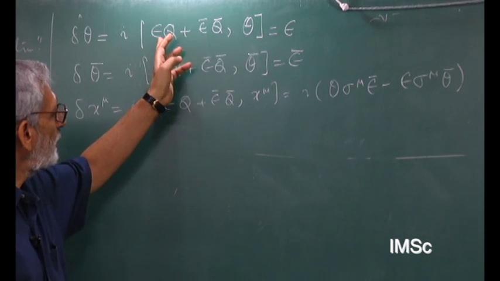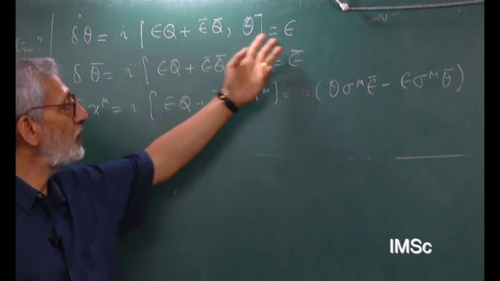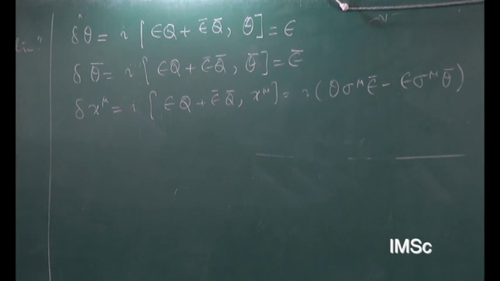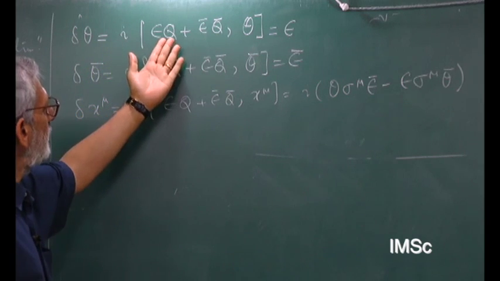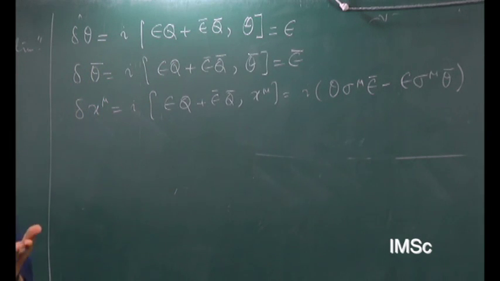That is, epsilon Q plus epsilon bar Q bar commutated with theta, so Q's are generators, should give me an epsilon. So if I find Q's and Q bars which do this, that will give me a representation of the SUSY algebra in the superspace. And I check what is their algebra.